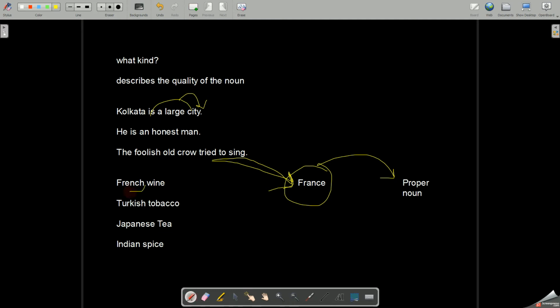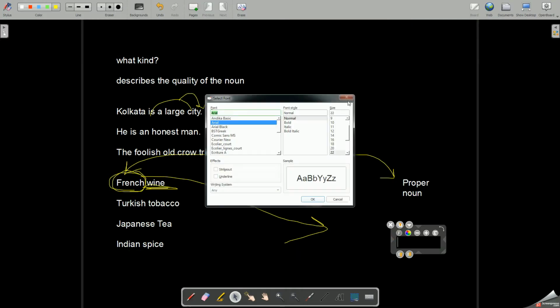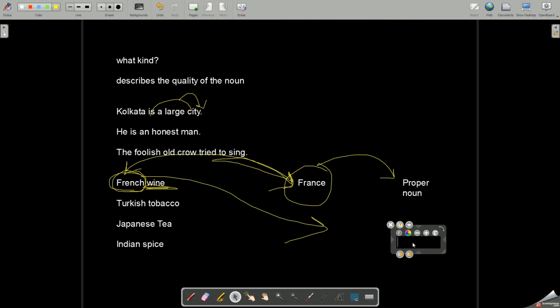That is the reason why this word French, which has been derived from the word France, is used as an adjective over here to describe the type of wine. What kind of wine? French wine. So French becomes a type of a class of adjectives known as proper adjectives. They form a class of adjectives known as proper adjectives.